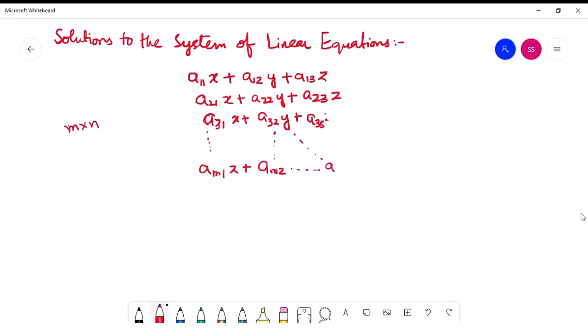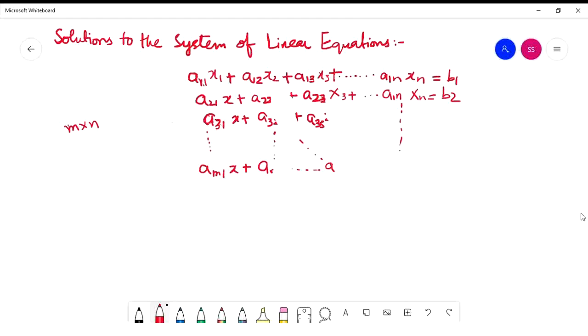Let me modify it: a11 x1, a12 x2, a13 x3 and so on up to a1n xn, where the variable is xn, for example, equals b1. If the variables are not x, y and z, then I modify them. I replace them as a1n xn equals b1, again a2n xn equals b2, and so on.